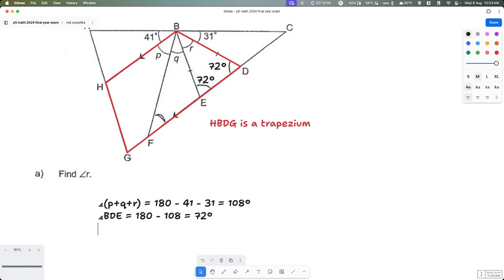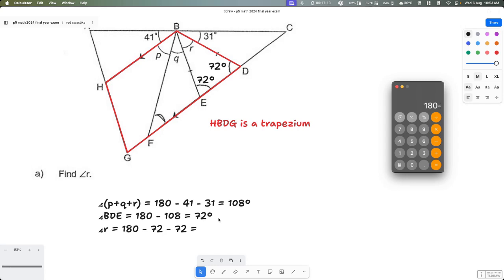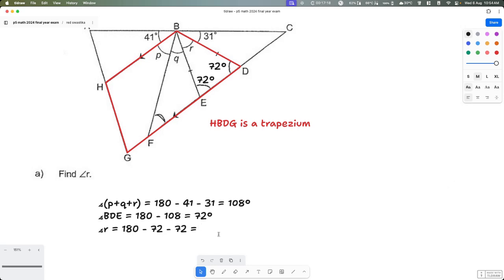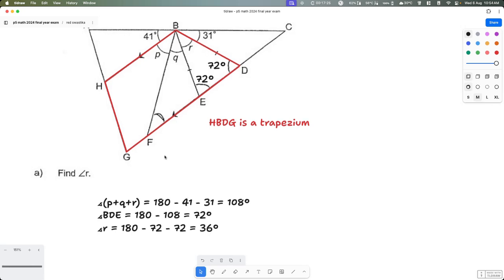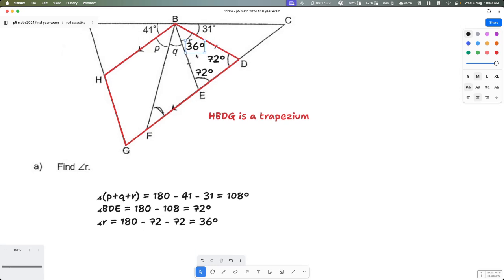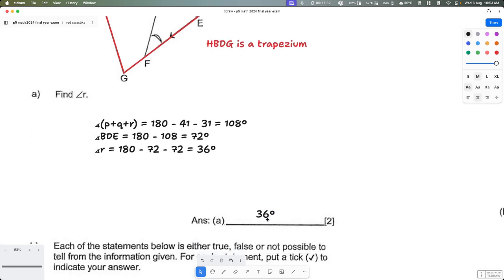Angle R is equal to 180 minus 72 minus 72, and this will be 36 degrees. There you go. So the answer to angle R is 36 degrees. So let's put 36 degrees.